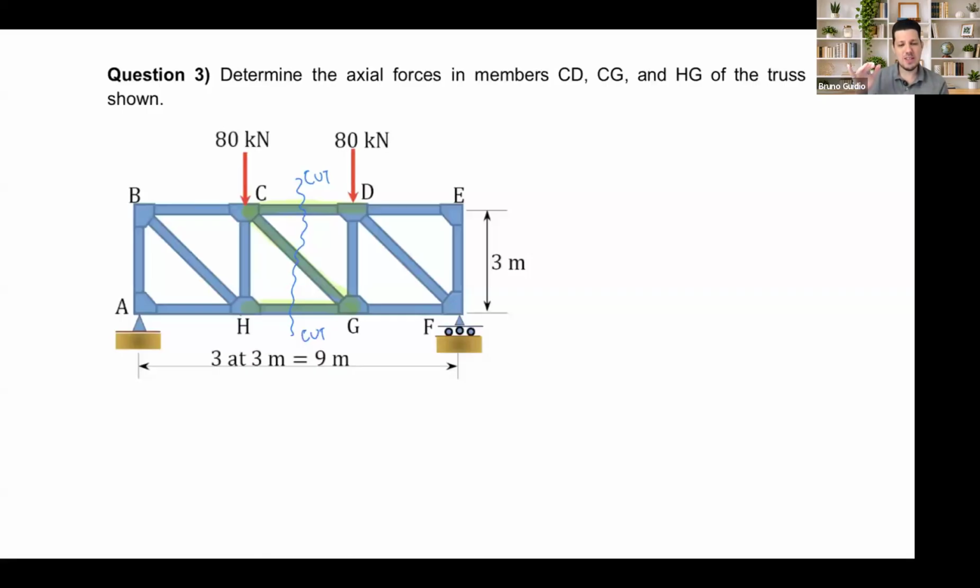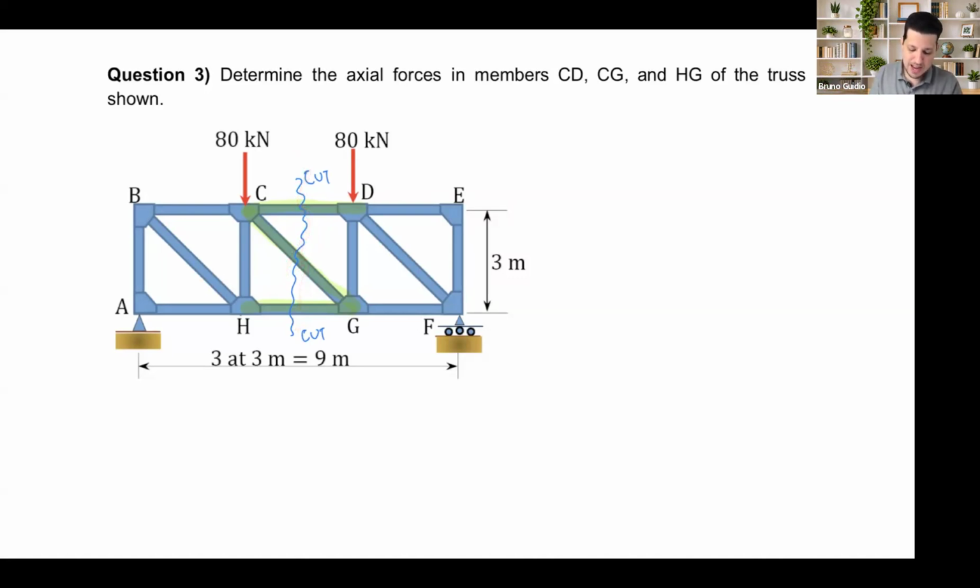You need to start outside and go to outside, so we can separate them. I cannot just make a cut only in this member. It's not going to work. So we need to do these 3 cuts.